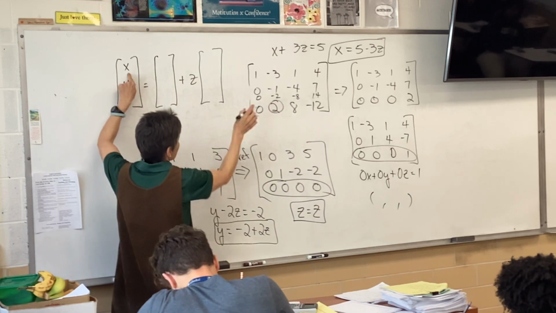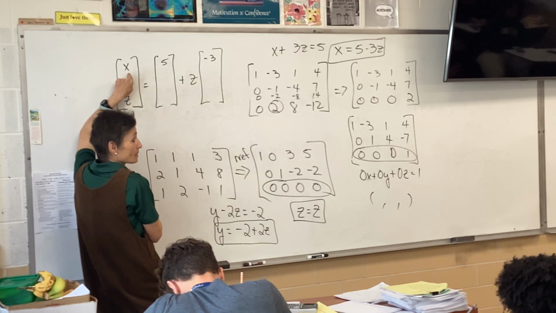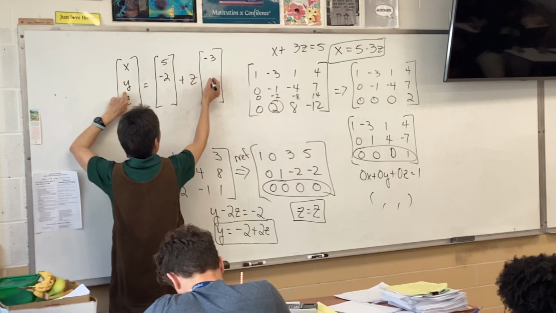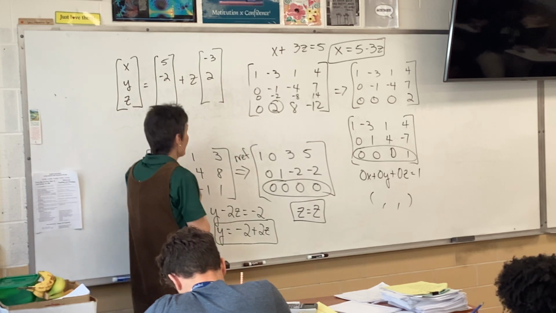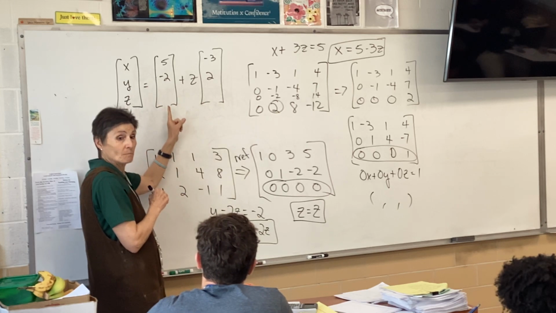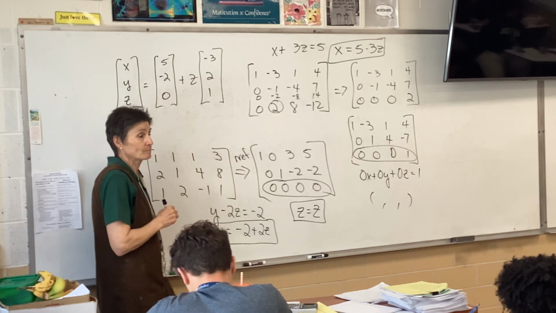So x will be 5 minus 3z. y is negative 2 plus 2z. Now, what about z? How am I going to make z fit in that setup? 0 plus 1. Yep, you are exactly right.